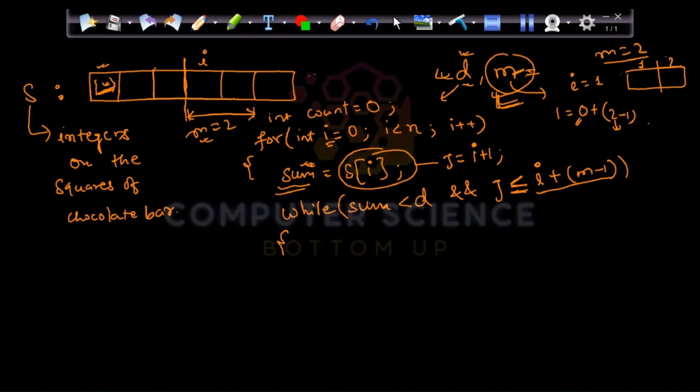Now I have already taken s[i] in the sum, and j has become i plus 1, which is 2. So now i is 1, and 1 plus 2 minus 1 is 2. j is less than or equal to it, so it will go inside this while loop. And in this while loop, what I am going to do is just sum is equal to sum plus s[j].